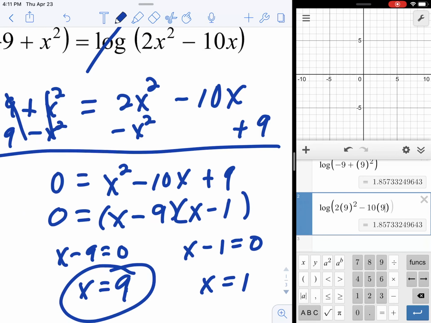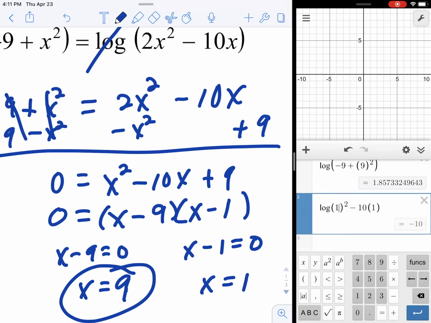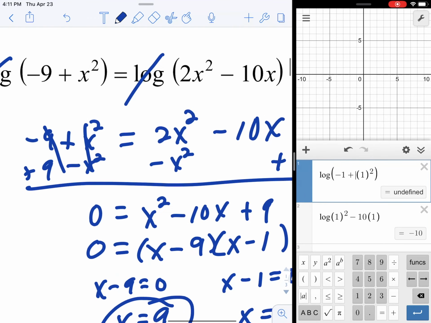Now I need to plug in the 1. I'm going to go back and just change all these 9s into 1s. Oops, not 21. And then change this into a 1. Okay, so when I plug in, oops, that's it. That's a 9, my bad.